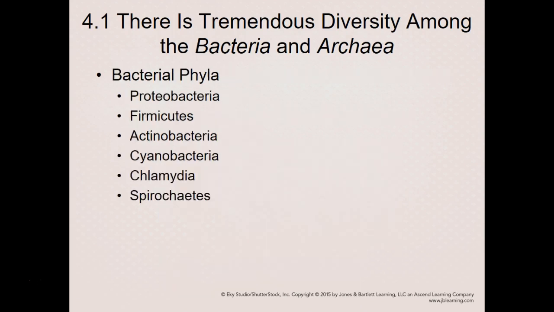So the ones that we care about most are the proteobacteria, the firmicutes, actinobacteria, cyanobacteria, chlamydia, and spirochetes for our organisms that fall under the domain bacteria.